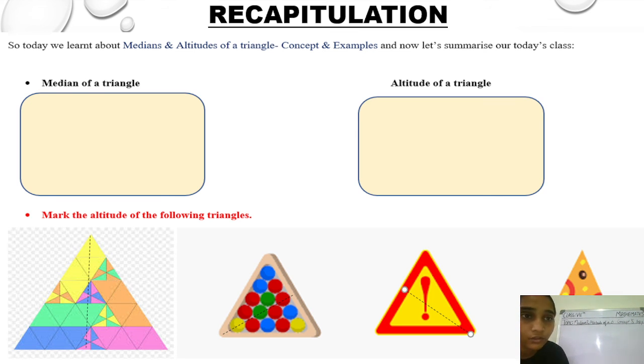And similarly for this triangle also, if we take this triangle, the altitude will be the perpendicular line in this red color. This is the altitude.